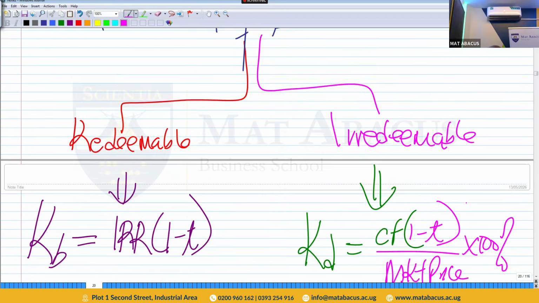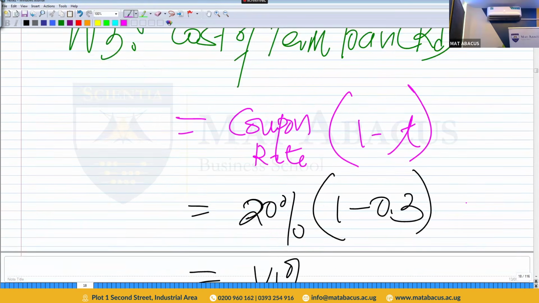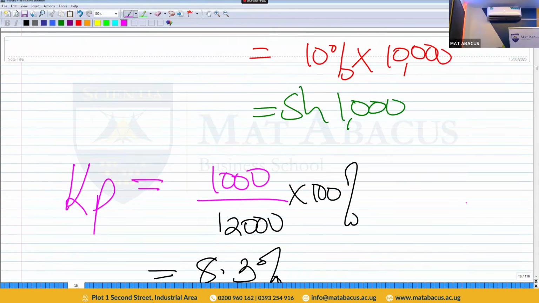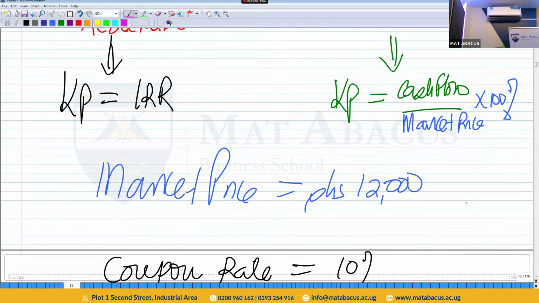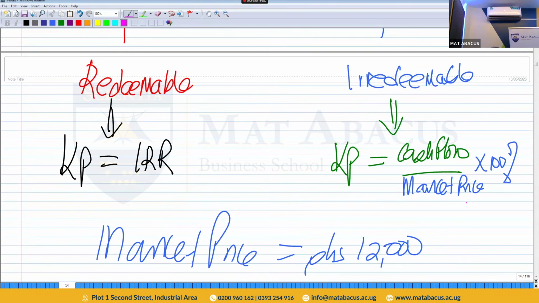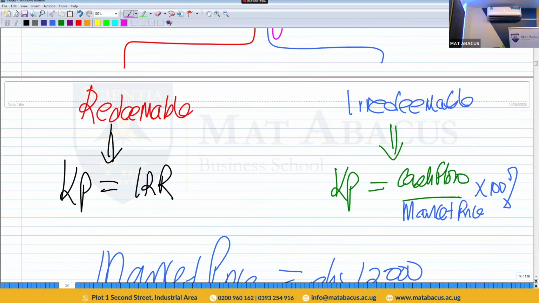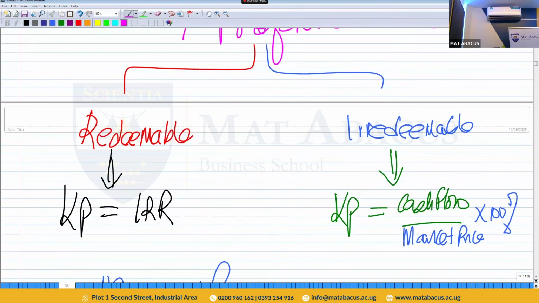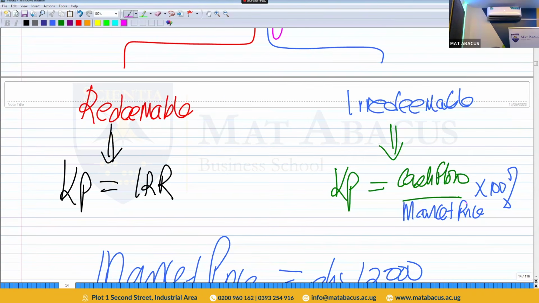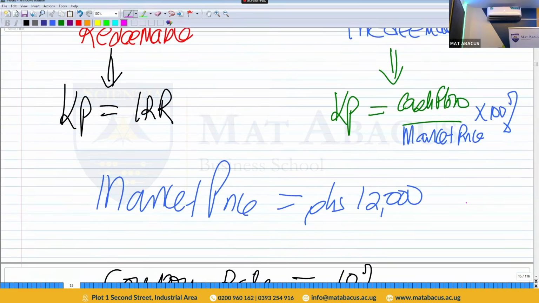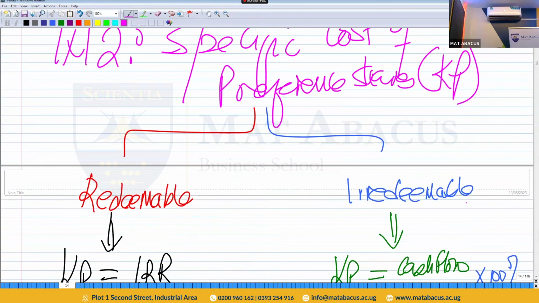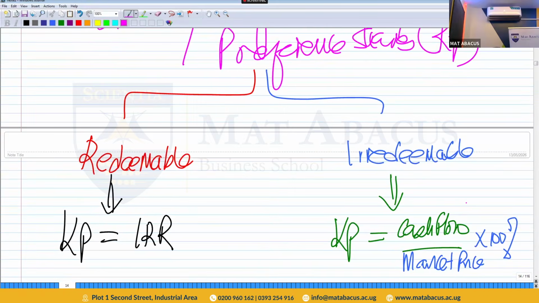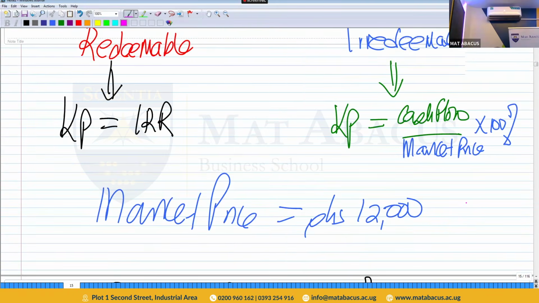Now, when you go back up here on the preference share, I did indicate for preference share, the approach is the same, but I did not adjust the cash flows or the IRR for tax. Because for preference share, you are paid dividends after appropriation of tax.